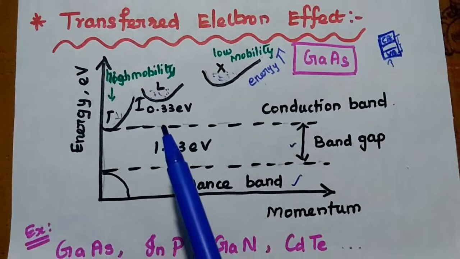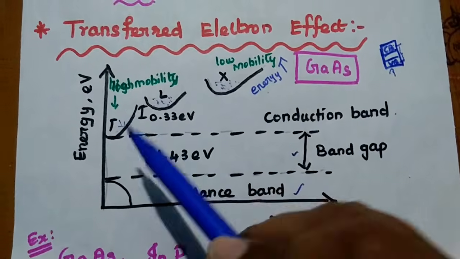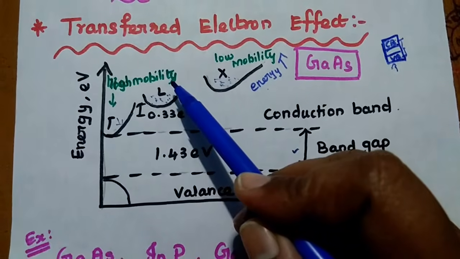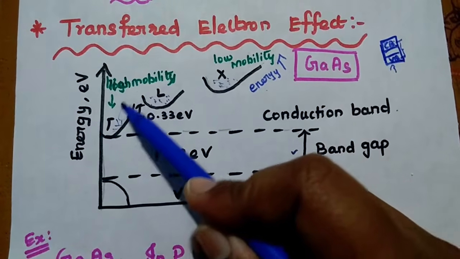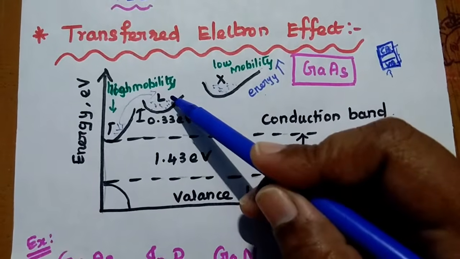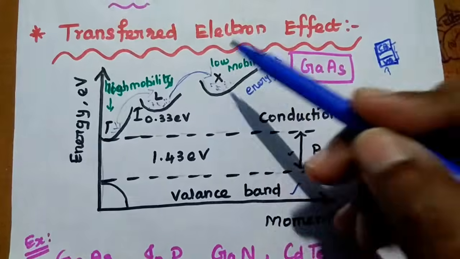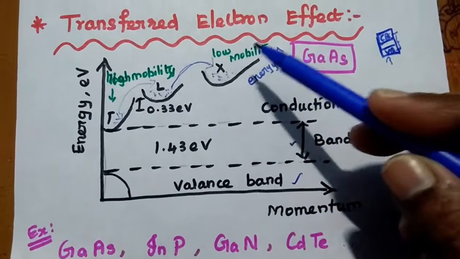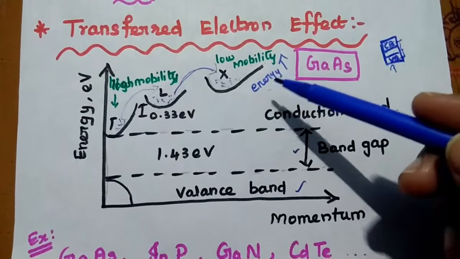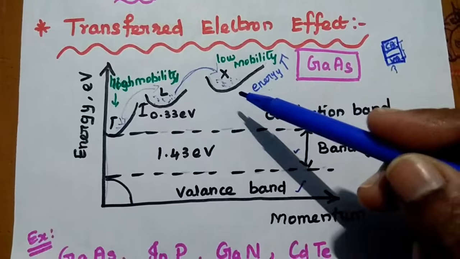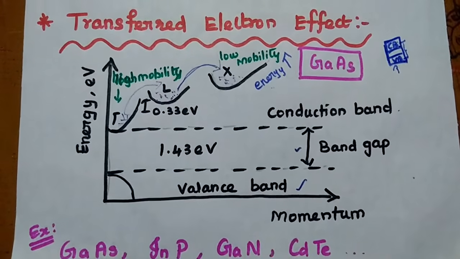Once the electric field is increased, at a high electric field, the electrons acquire energy from the electric field and are transferred into the high energy valley. Still, if we increase the electric field, the electrons from this L value are transferred to this X value, which is very high in energy level but has very low mobility. Low mobility means the movement of the electrons is very low, so the current also decreases, because we know that electron movement causes current flow, right?